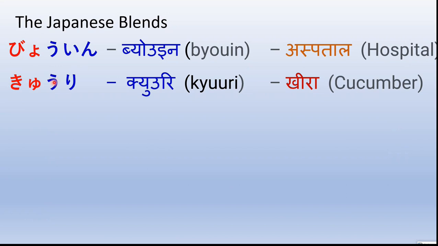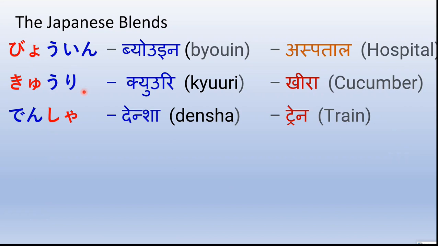We have u here and ri. Kyuuri means cucumber. Then we have densha. Densha means train, and here you can see this is de, n, and this is sha. So this is the blended sound, sha. This is shi, this is ya, so this is sha. Densha, and here the size of this ya is smaller than the other symbols. Densha, train.